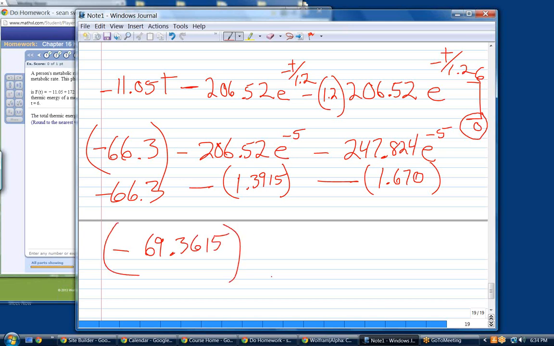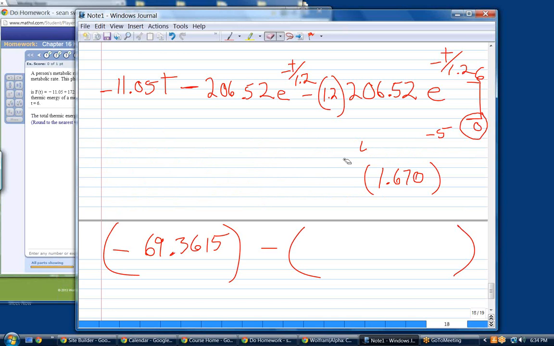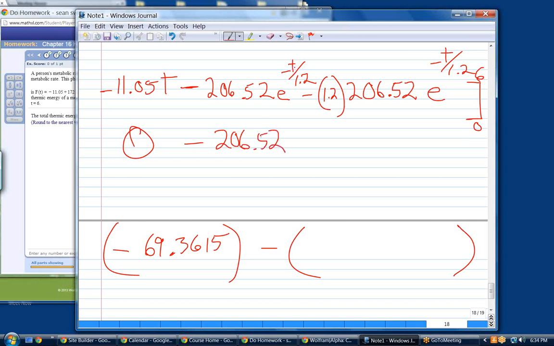That's the evaluation at 6. Now let's evaluate it at 0. I'm going to erase everything here. Okay, this term becomes 0. This term becomes 206.52, because when you substitute 0 for t, e to the 0th power becomes 1.